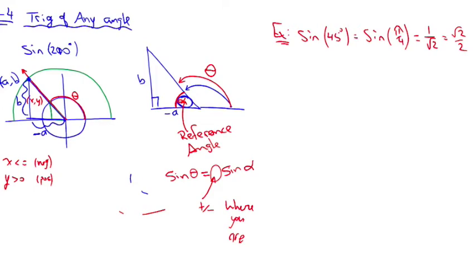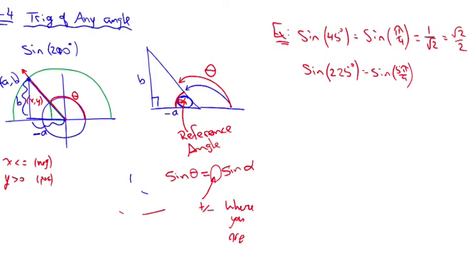All right, so if I look at the sine of 225, I think that's the same as the sine of 5 pi over 4. Anybody want to check my work?